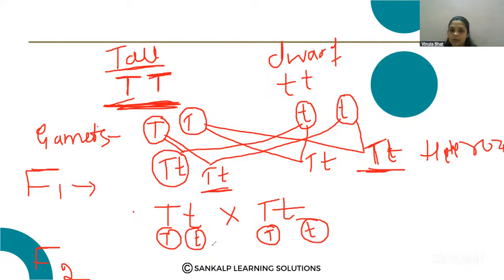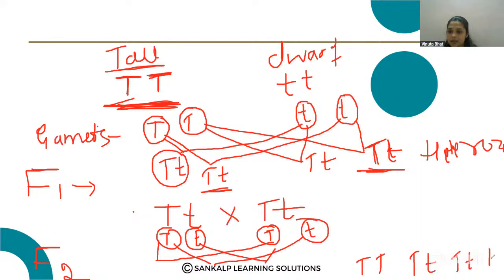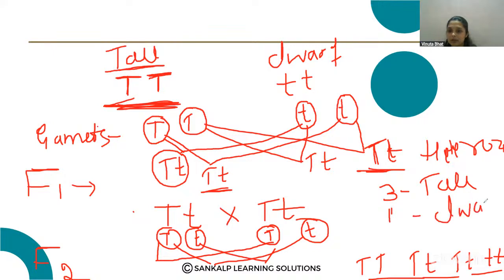When capital T combines with capital T, we get capital T, capital T; then capital T, small t; capital T, small t; and the last one small t, small t. So 4 plants were obtained. 3 plants were tall and 1 plant was dwarf, that is small t, small t.